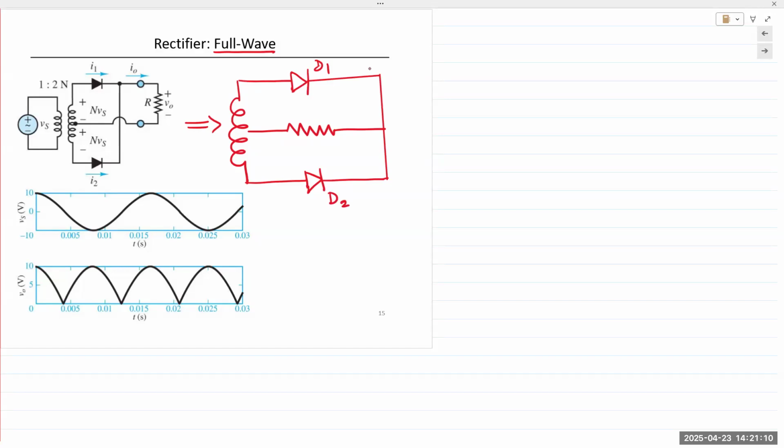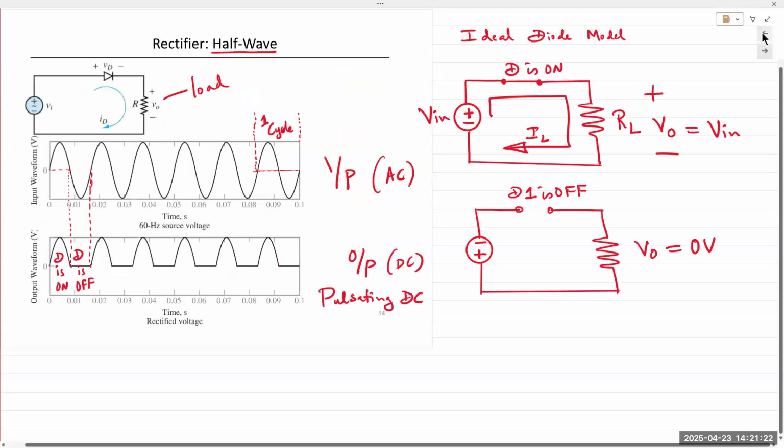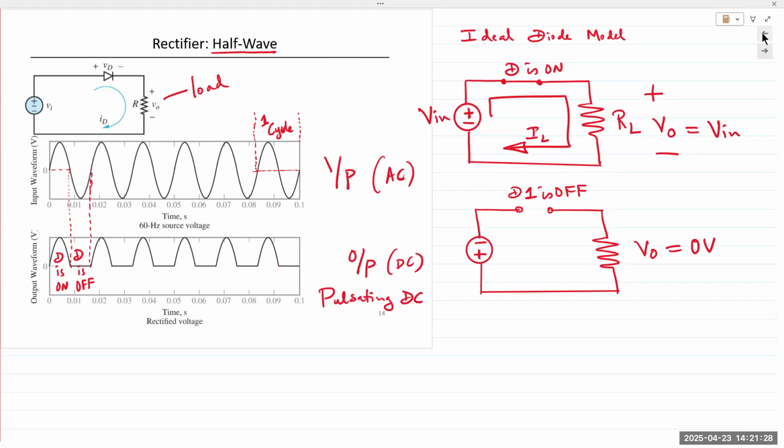And now, as the name suggests, one diode each will be on for each positive and negative half cycle. Oh, one more thing. Sorry, about the half wave. Diode is pointing towards the right. Circuit schematic, right? Anode is pointing towards the input supply. What happens if you flip it?